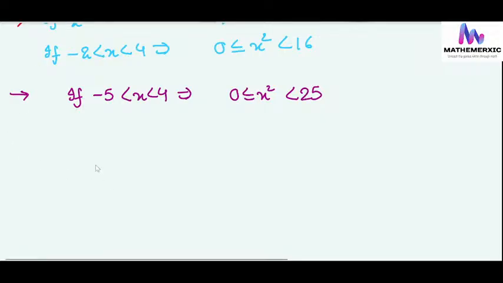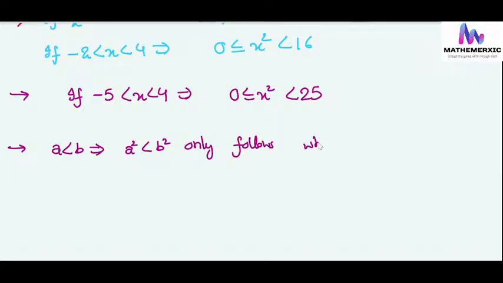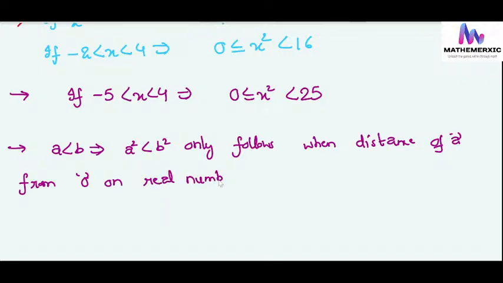So we can say an important conclusion here: a less than b implies that a square less than b square only follows when the distance of a from 0 on the real number line is less than the distance of b from 0.